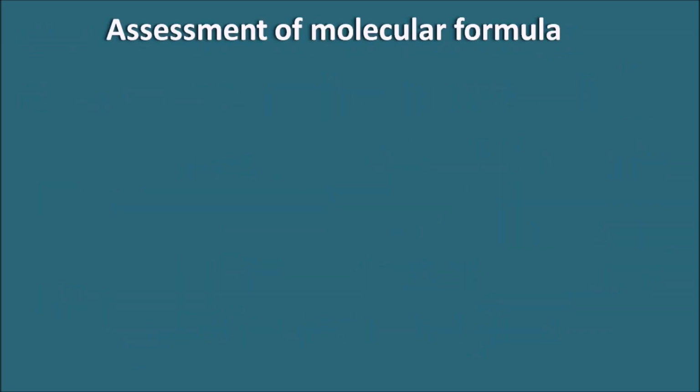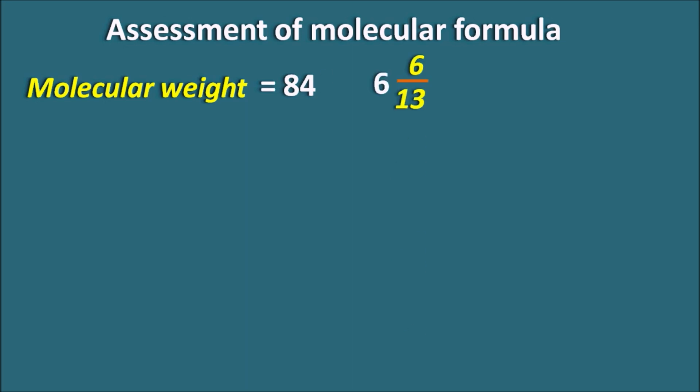Now let us see the assessment of the molecular formula of an unknown compound by using the rule of 13. The molecular weight is given as 84 for this example. By applying the rule of 13, we can write 84 as 6 and 6 by 13. So here the quotient is 6 as well as the remainder is 6.